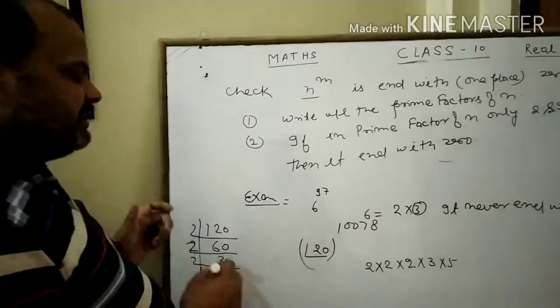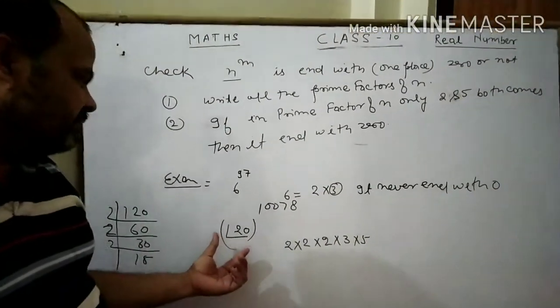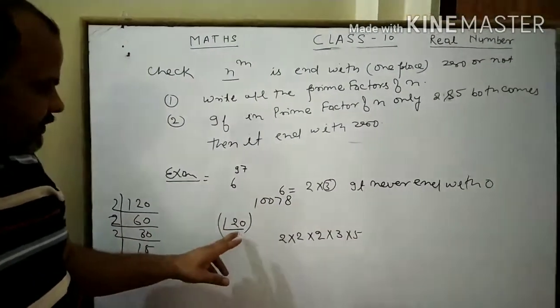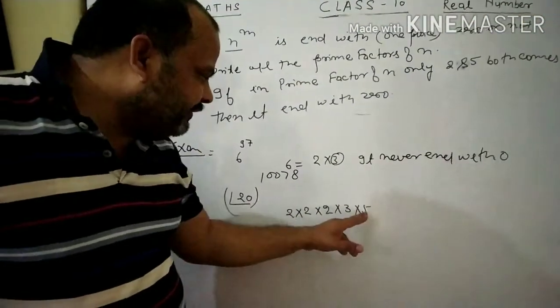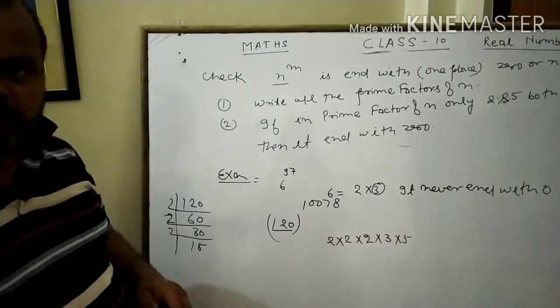In the prime factors of 120, both 2 and 5 come, so it ends with 0. Clear?